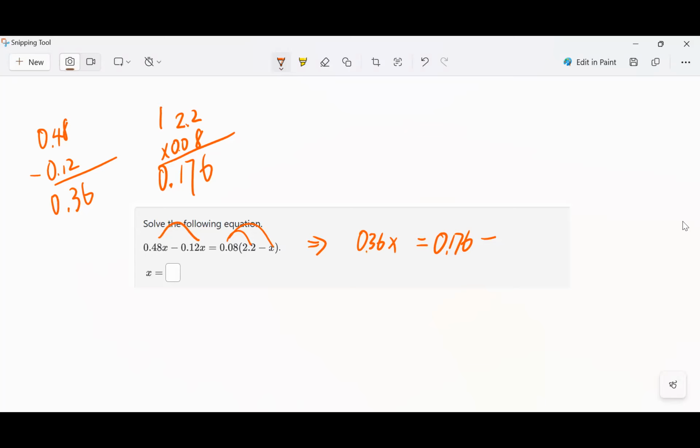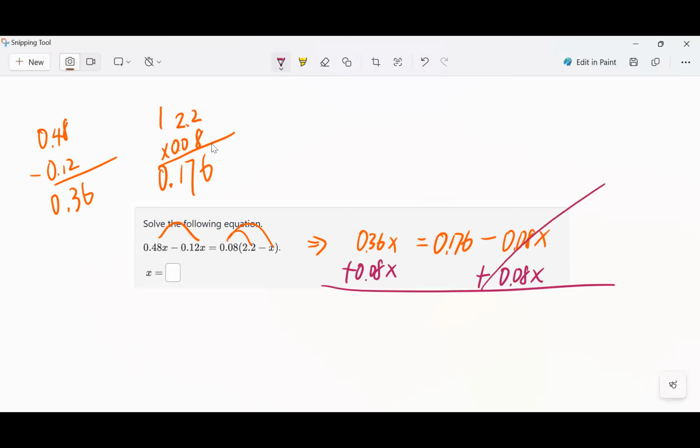Distributing 0.08 times negative x is minus 0.08x. Now from here, we just combine both variable terms, right? 0.36 adding 0.08 gives 0.44x, equal to 0.176.